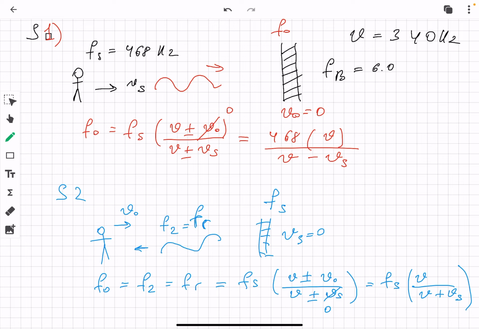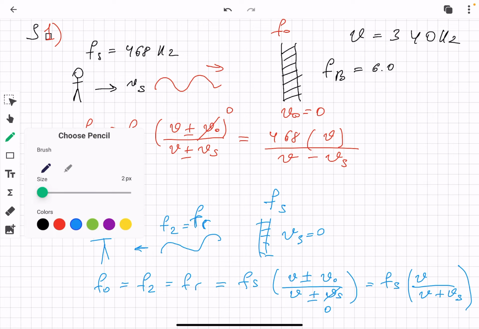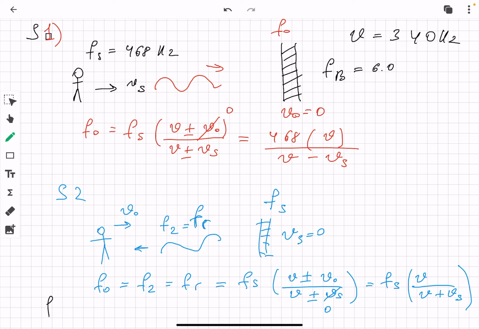Now, where are we? Finally, what we got is that the frequency of the reflector, or frequency 2, is equal to the frequency of the source times V plus V source, divided by V, where the source here means the speed of the person.